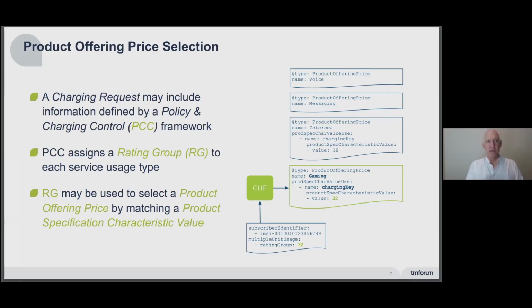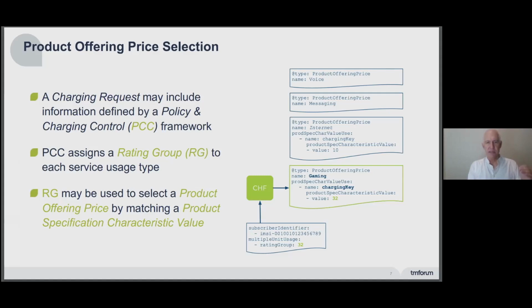If the price type is a one-time or recurring thing like a subscription charge or an installation charge, obviously those can be stripped out as well. So we're going to filter down to the rates that apply for the type of usage that we have. Now beyond that, and you'll see in this example, we have two prices that are left, one called internet, one called gaming, and they're both data prices and we have data usage.